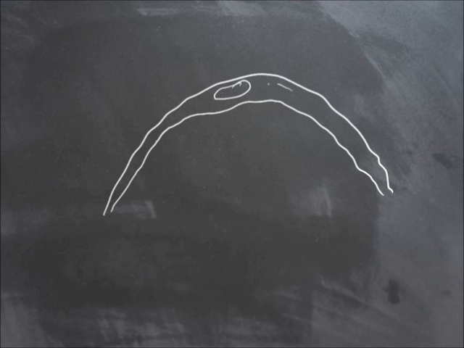What I'm drawing here are the two frontal sinuses. Okay, these frontal sinuses are within the frontal bone. Then we have the ethmoid bone, and there's a little bit that sticks up.